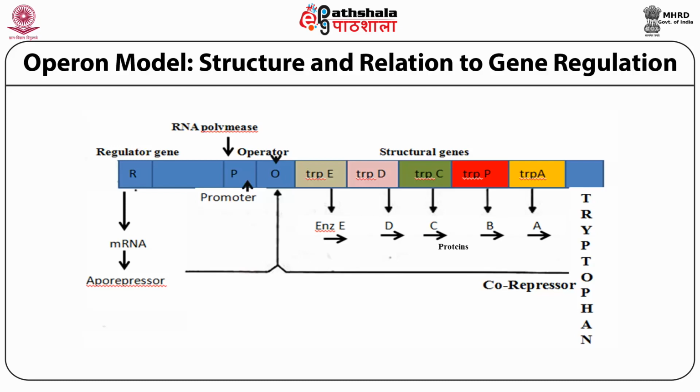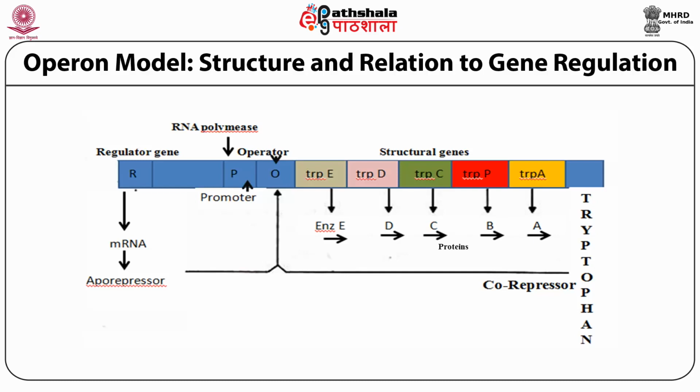The promoter is the start switch of the unit for any gene transcription. It requires the RNA polymerase enzyme.